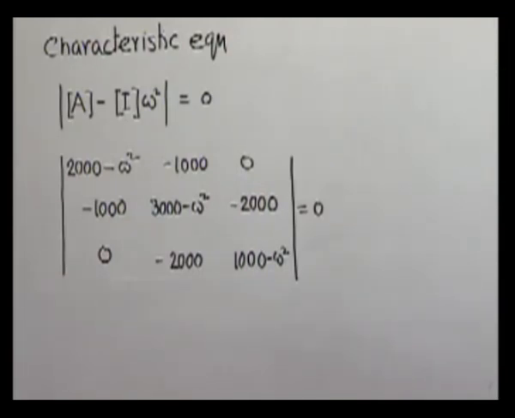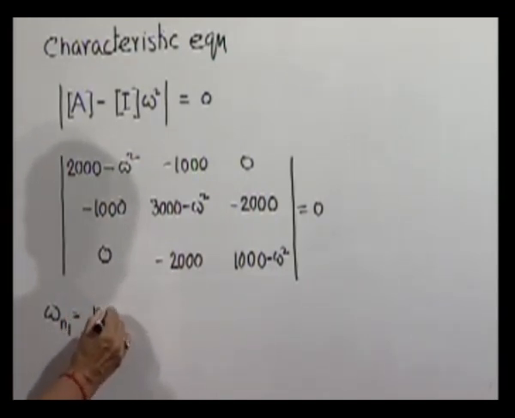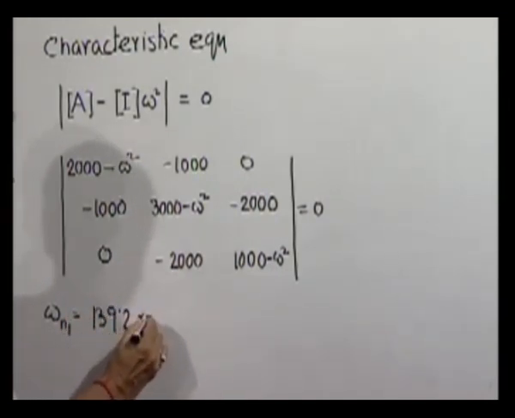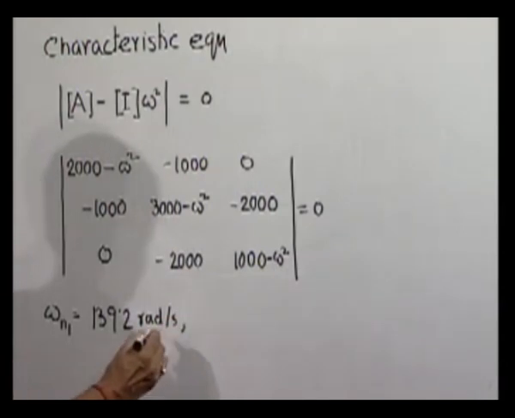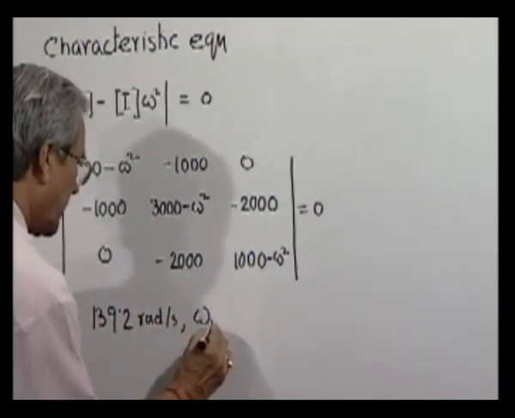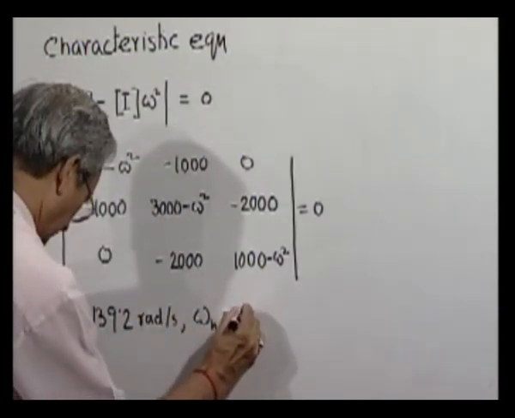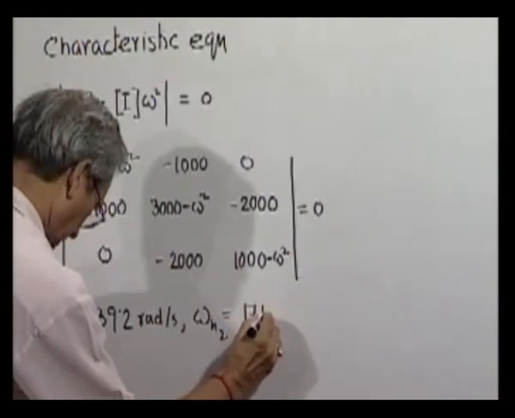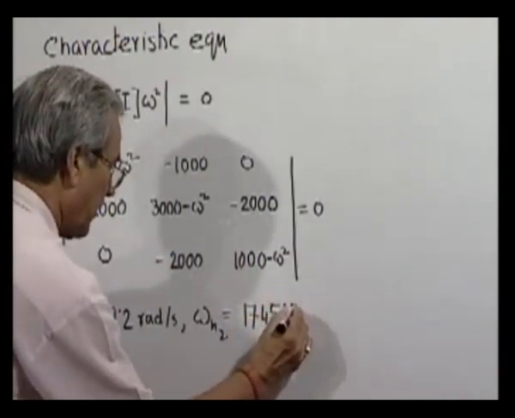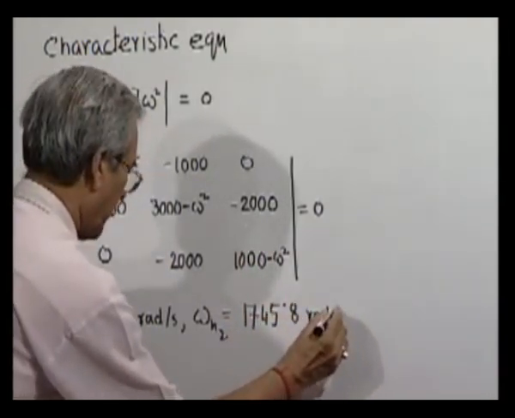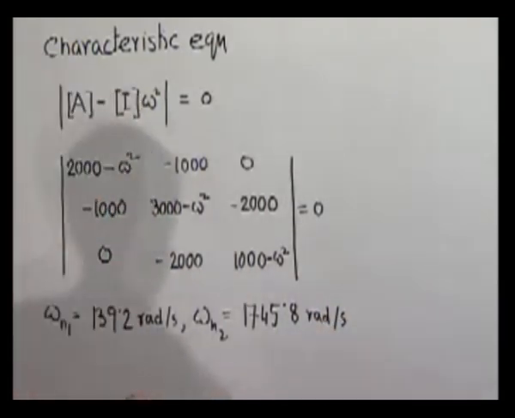Solving this, we will get 3 roots, and we can tell you the 3 roots: first natural frequency will be, second natural frequency will be, and third natural frequency will be.